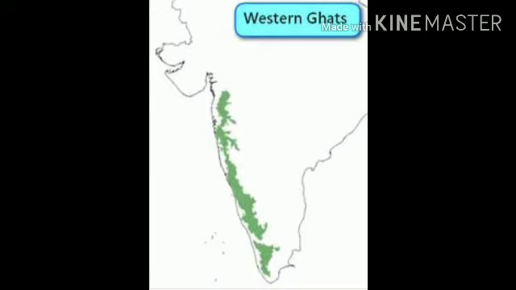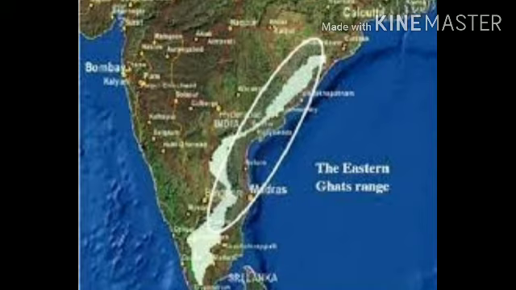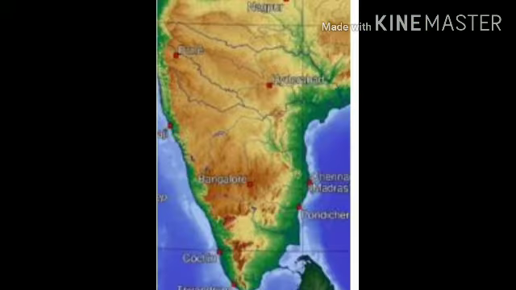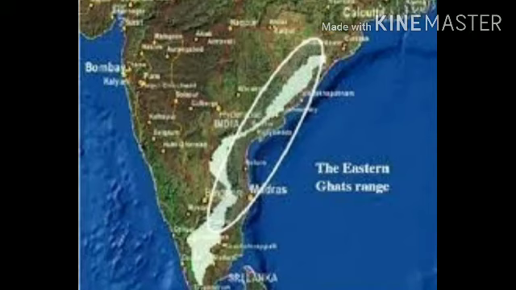On the other side, the Western Ghats are higher than the Eastern Ghats. The height of the Western Ghats is 900 to 1600 meters. The Eastern Ghats stretch from the Mahanadi Valley, means Odisha, to the Nilgiris in the south.